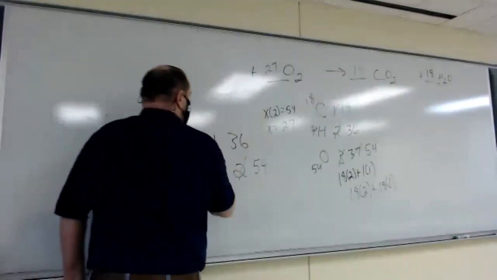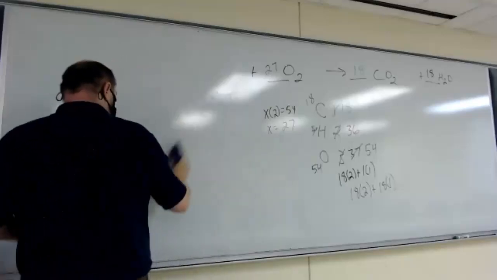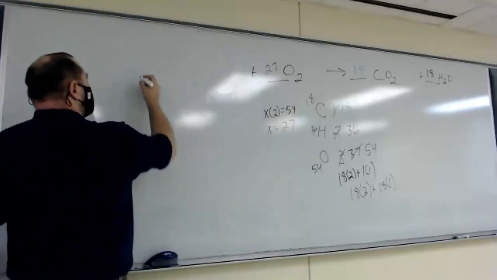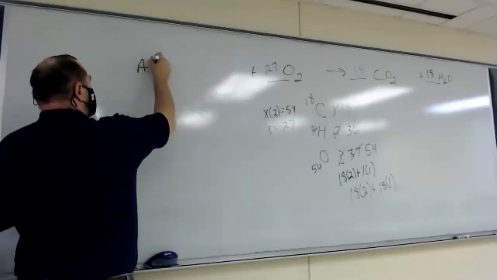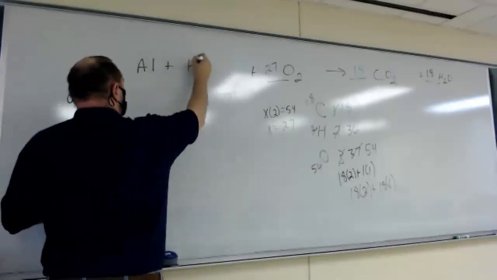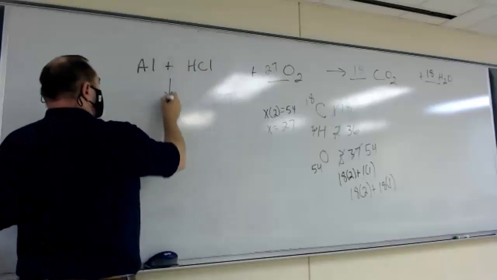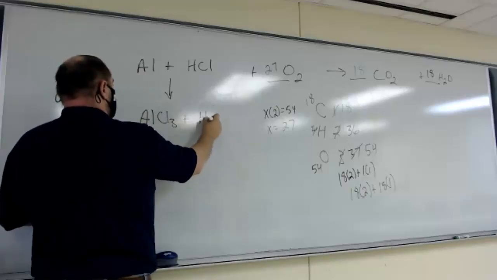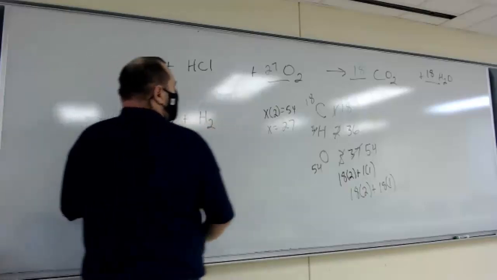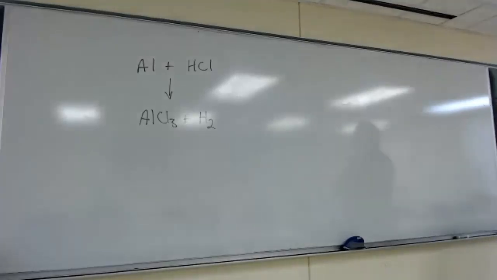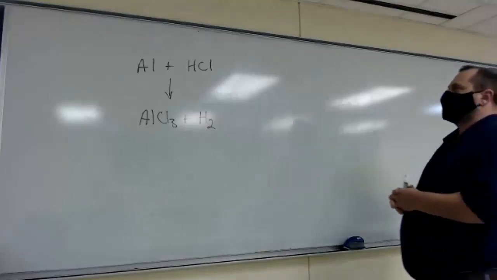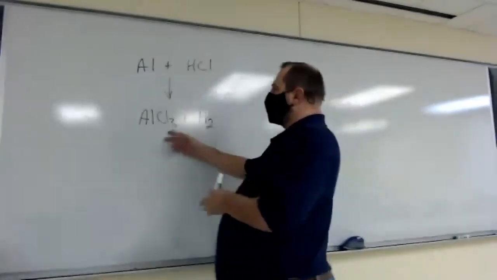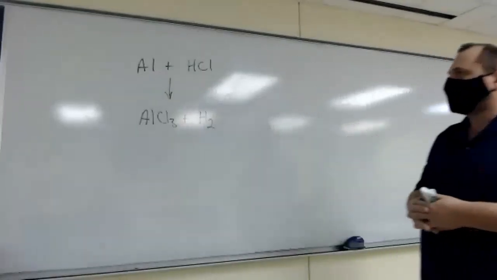All right, so let's get some smaller numbers here. Aluminum plus HCl goes to aluminum chloride plus hydrogen gas.